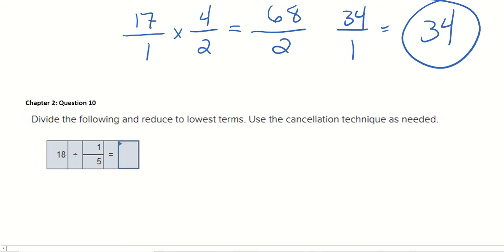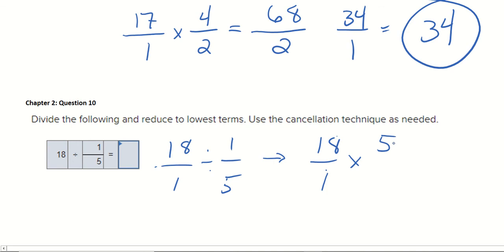Divide the following and reduce to lowest terms. Hopefully you paused the video and did this one. So let's take a look at this. Again, it's going to be 18 divided by 1/5, which is going to be 18 over 1 times 5 over 1, which is going to give us 90 over 1, or just 90.